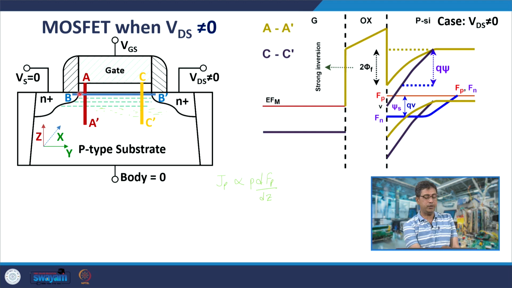Now, as you move downwards from A to A prime, what happens to the hole concentration? It increases significantly, exponentially in the negative z direction along A prime.